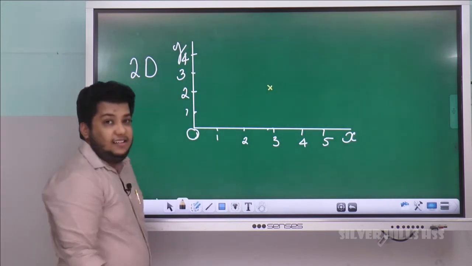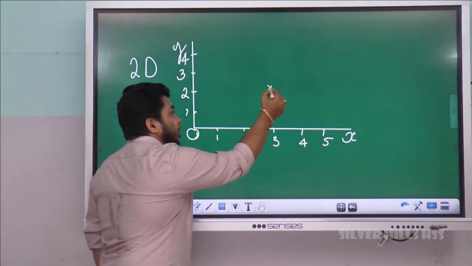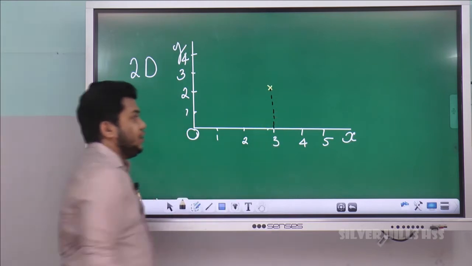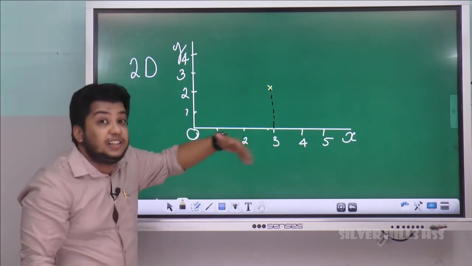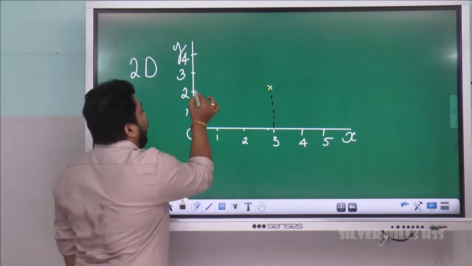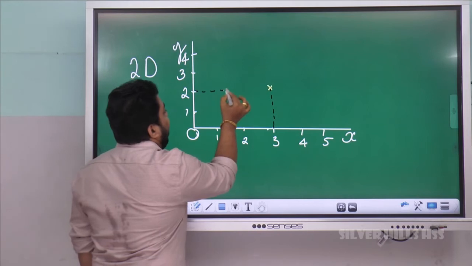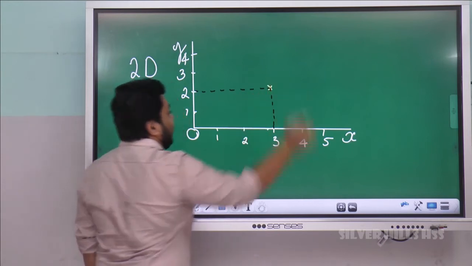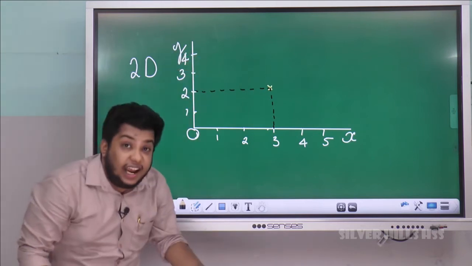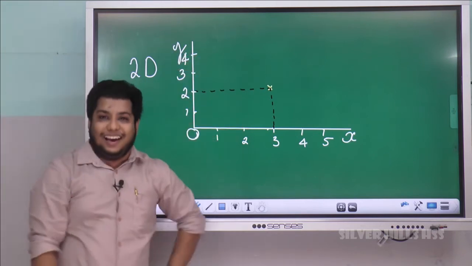First of all, draw a vertical line from that point, and then we have to draw a horizontal line also. Now from our object, we have drawn a vertical line as well as a horizontal line.